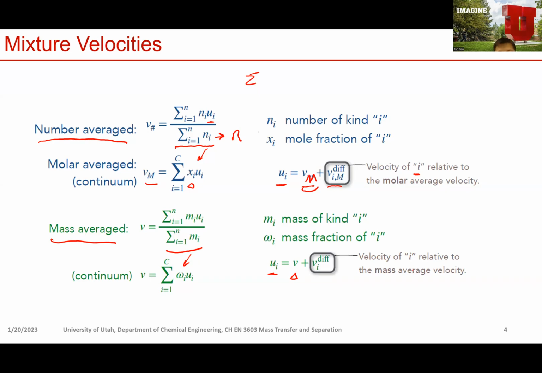So in other words, the definition of v_i diff is u_i minus v, right? So this is the actual velocity of species i, and this is the mass average velocity, right?